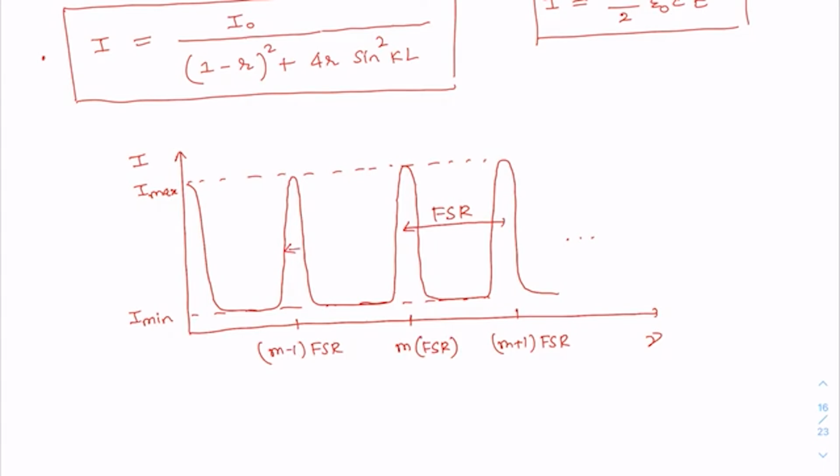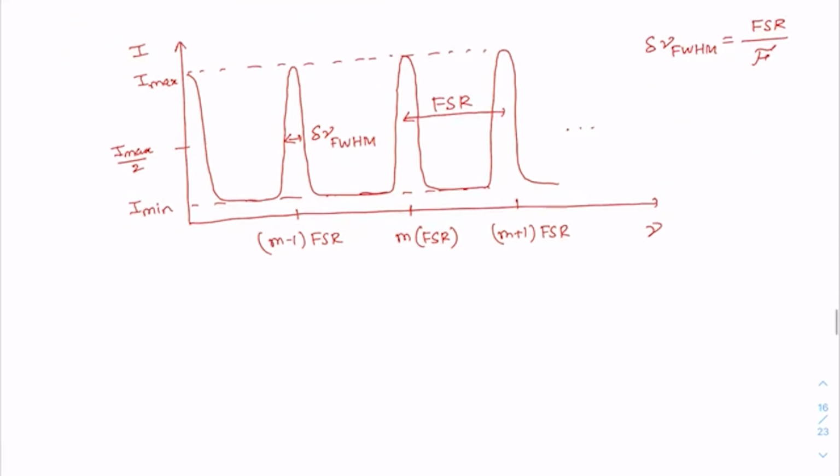All these resonance peaks would have a width, which is the full width at half maximum. We'll show that this full width at half maximum, or resonance width, is actually the ratio between the free spectral range and the finesse of the cavity.